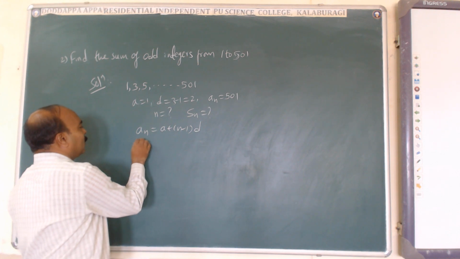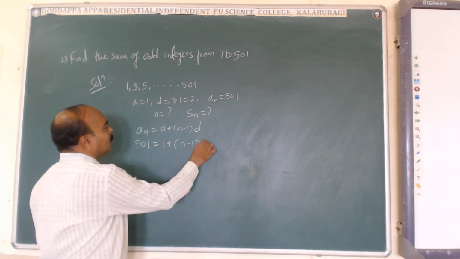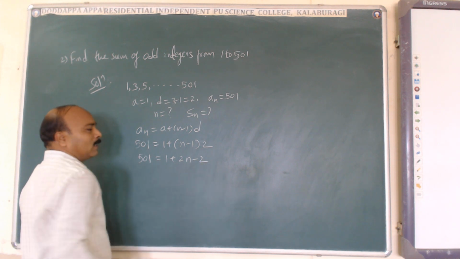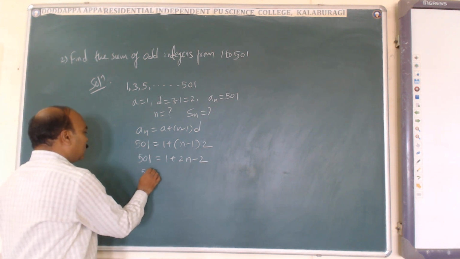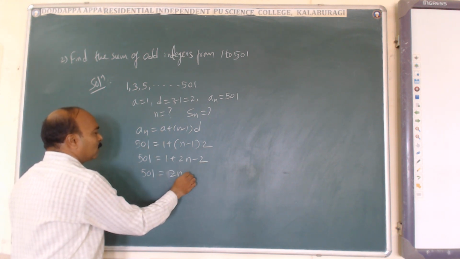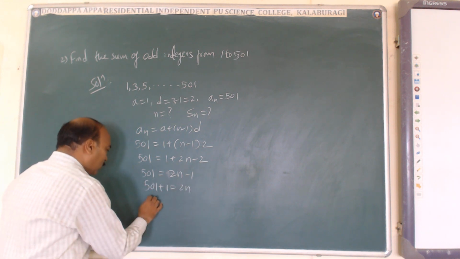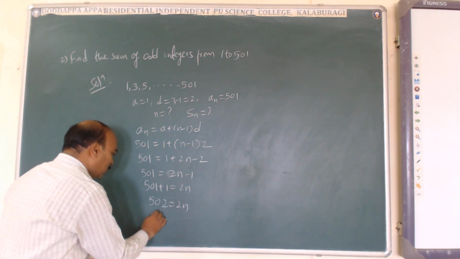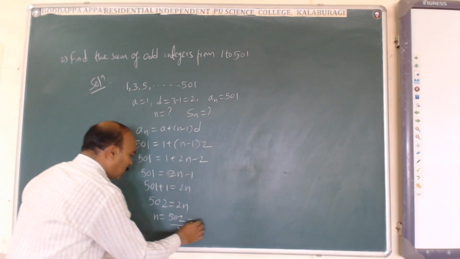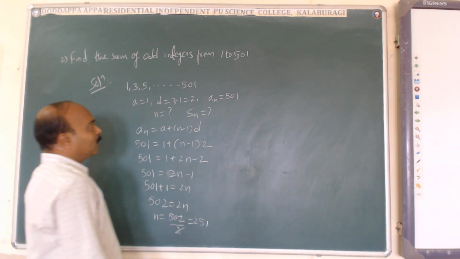So 501 equal to 1 plus, n we don't know, d value is 2. 501 equal to 1 plus 2n minus 2. So 501 equal to 2n, 2 minus 2 plus 1 minus 1. 501 plus 1 equal to 2n. 502 equal to 2n. n equal to 502 by 2, it cancels, it is 251. So the value of n is 251.